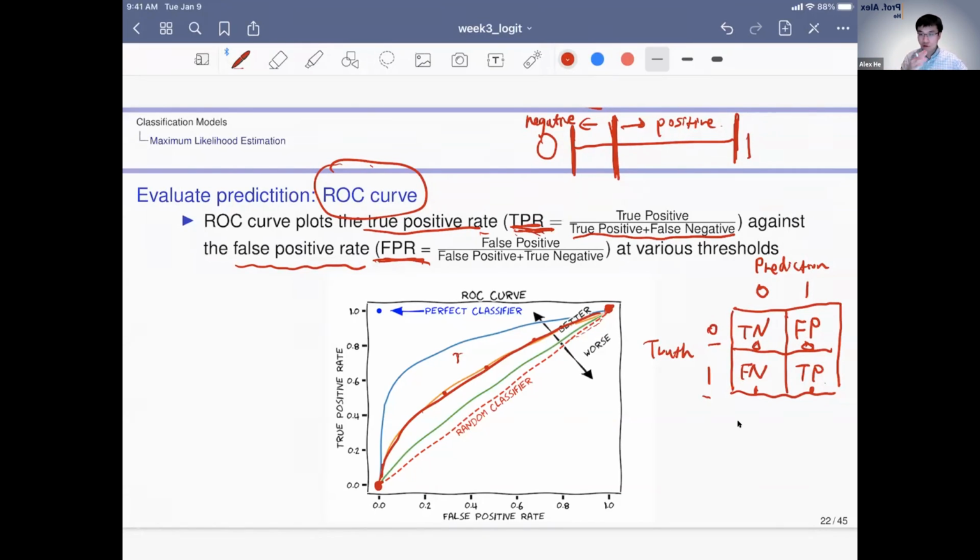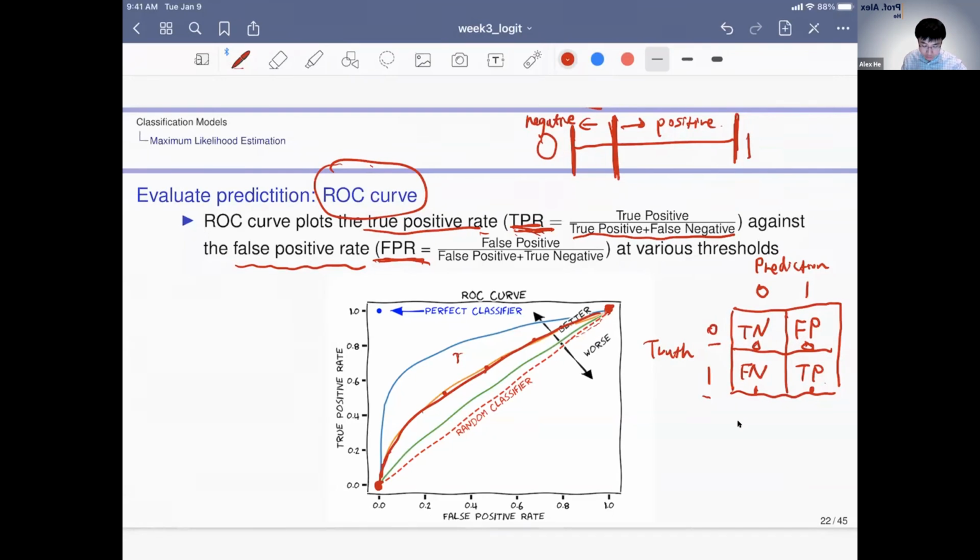When I move that threshold, for the threshold at any given point, I can calculate the true positive rate and the false positive rate, and then I can find a point in this diagram. Then I move the threshold a little bit more and find another point, and I connect all the points, and it becomes a line that goes from 0,0 to 1,1. And if it's a useful prediction, it will be above the diagonal.